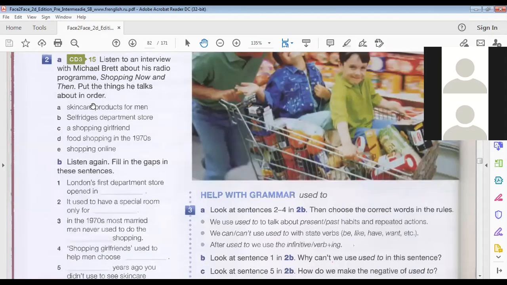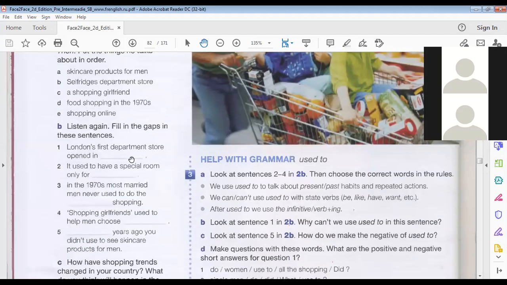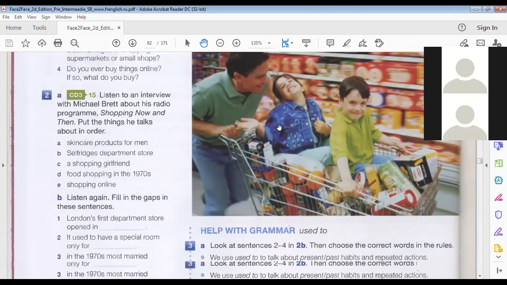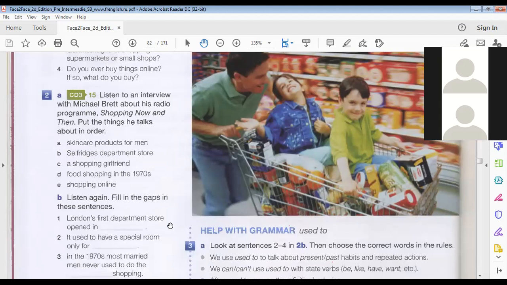We mentioned that men used to sit in special rooms and wait for their wives to finish the shopping. But this has changed. Now many men, just like the photo here, do their shopping, whether alone or with their kids. So this is a new trend, or a changing habit that wasn't present in the past.